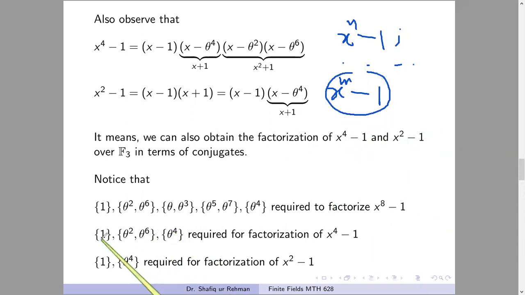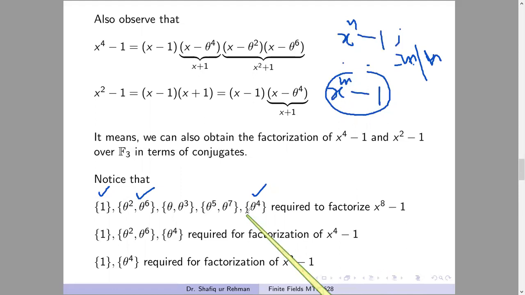Because if we know the sets of conjugates, we can factorize the polynomial. But there should be some mechanism, some criteria to decide which sets of conjugates are required in order to factorize this lower degree polynomial. For instance, to factorize x power 4 minus 1, we choose these sets of conjugates. There should be some criteria to choose these sets, and it should be related to the degree of this polynomial, and there should be some formulation for this.